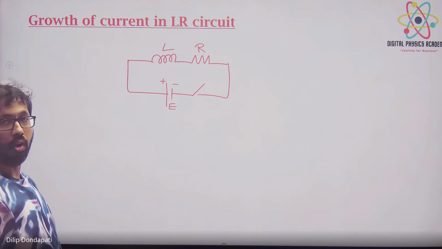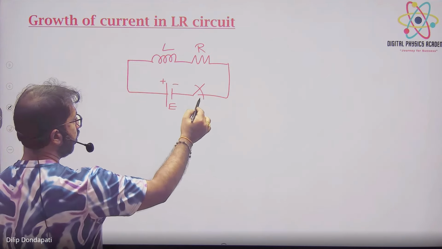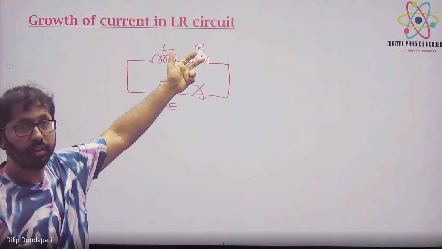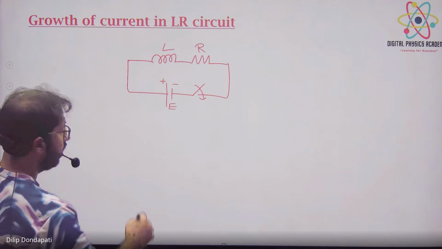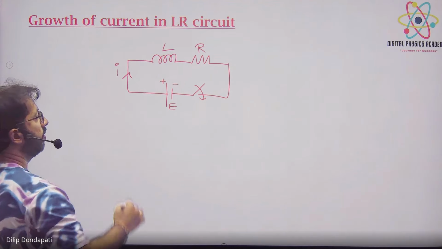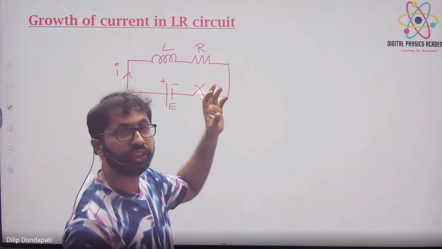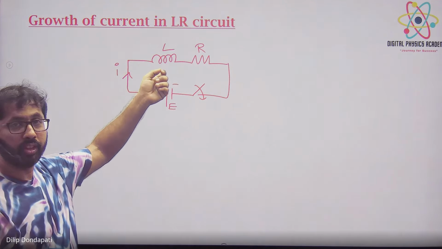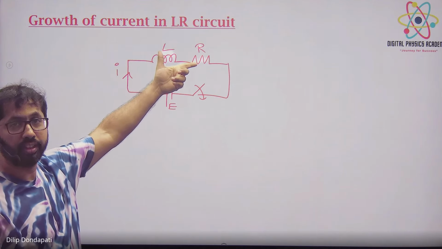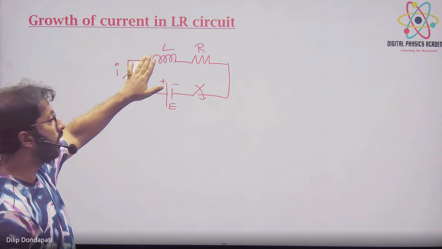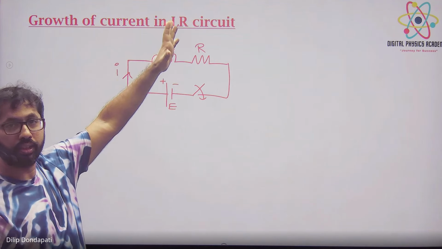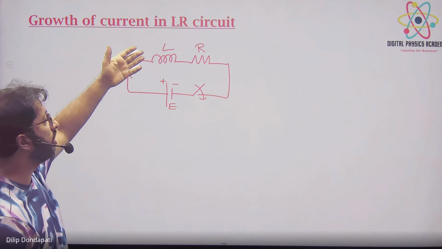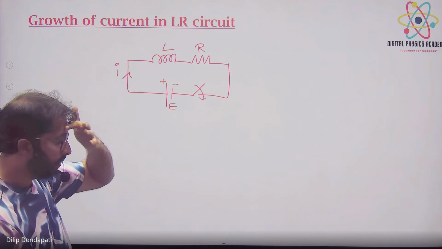When you switch on, the inductor will not allow a sudden increase in current. So the current will increase slowly because the inductor opposes the change in current. If there were no inductor, it would suddenly reach the maximum, but because of the inductor, it slowly rises to the maximum value.